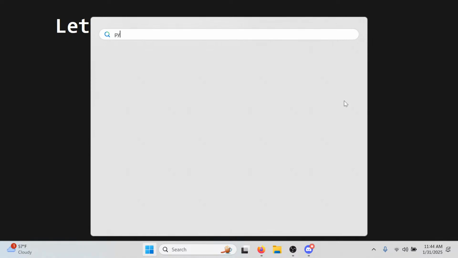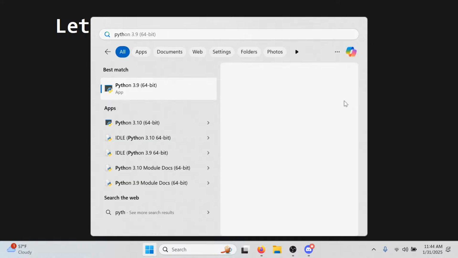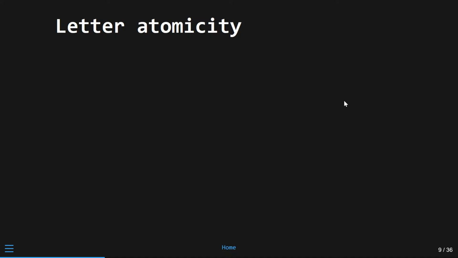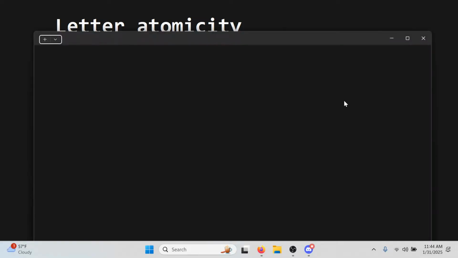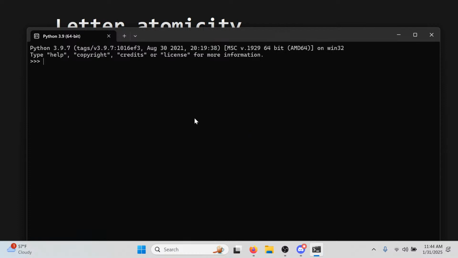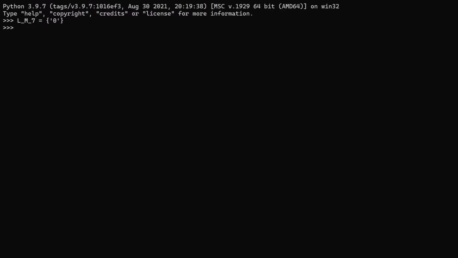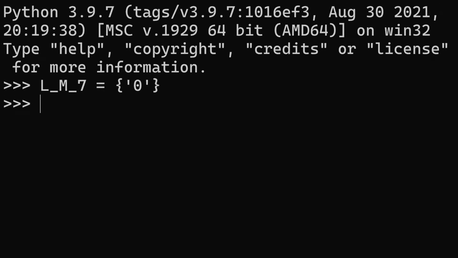So we're going to say the L of M, we'll call this M7, just because we haven't used that number yet. What is M7? What is the machine that accepts exactly that one character?